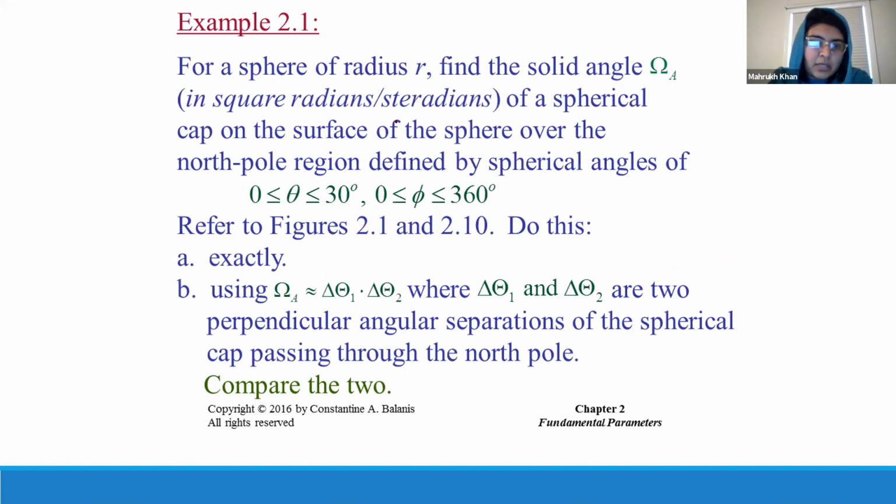I never saw that, so I searched for it, and they are talking about a spherical cap on the North Pole region. It's an approximation of solid angle that people use in astronomy when they are trying to find the difference in angles at the North Pole of the Earth.